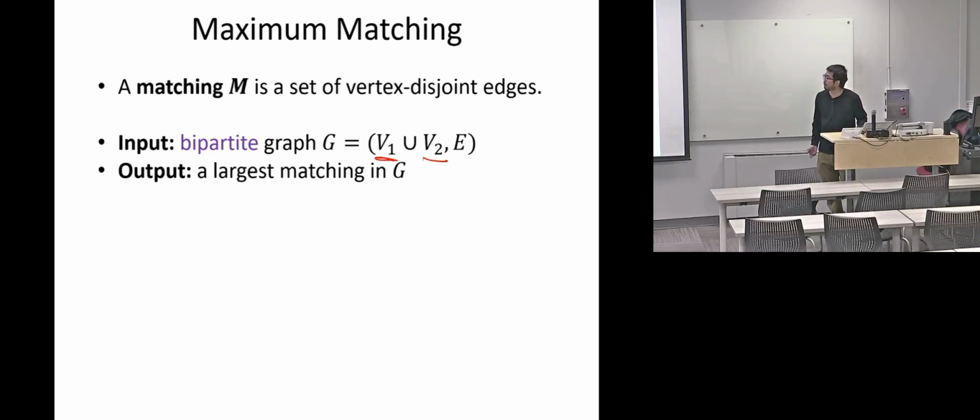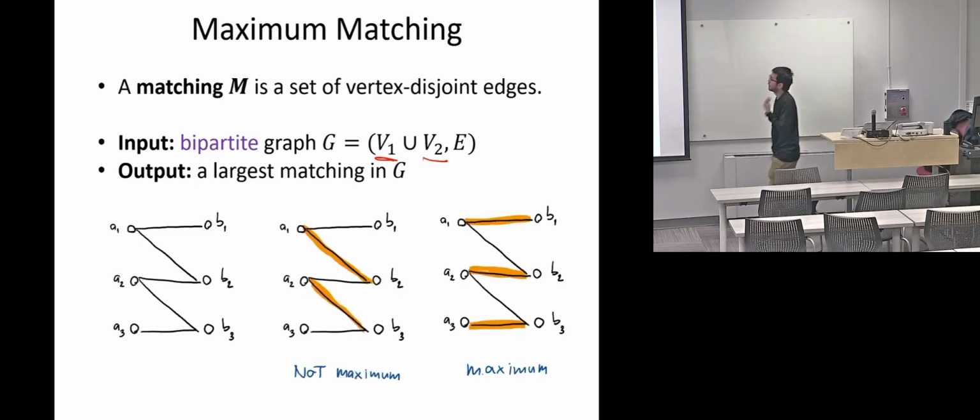That's the maximum matching problem. So the graph can look like this. A matching is just a set of edges. I match the applicants to a position, and these edges don't share vertices. This is a matching, but this is not the maximum matching. This is the maximum one. The goal is to find the maximum matching.